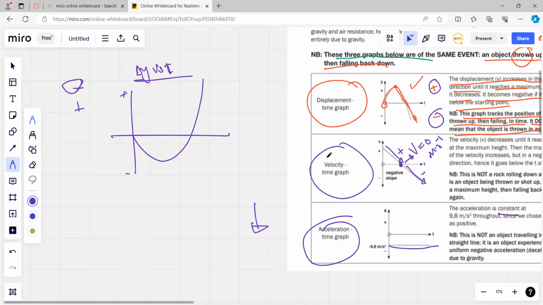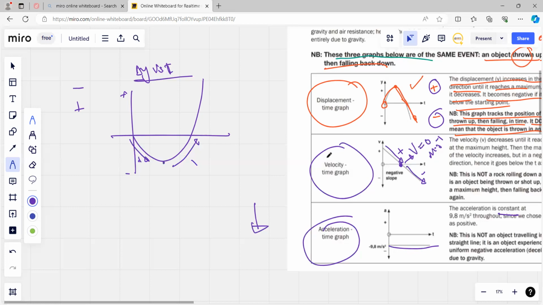And if you take into consideration what I just drew here, when the object moves from the starting point going downward, we will have a positive displacement. But from the starting point going upward, we will have a negative displacement. Yeah, a positive displacement from here, negative displacement.